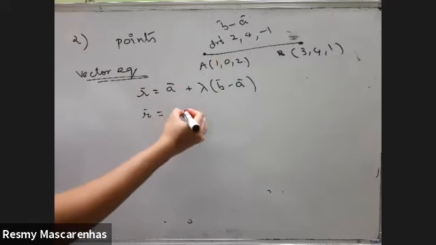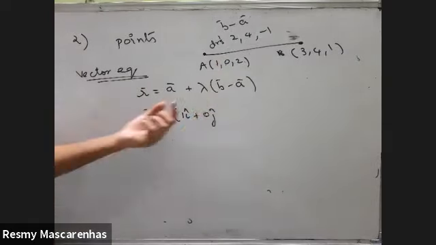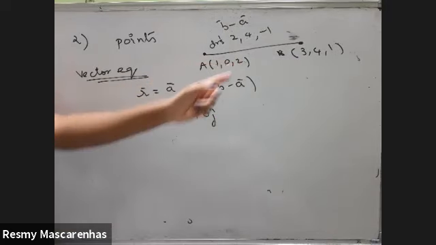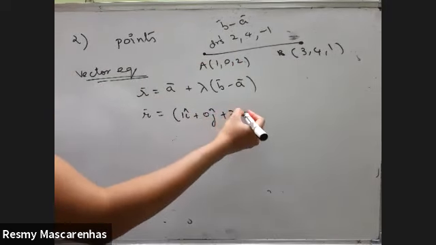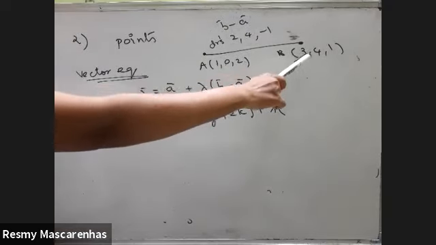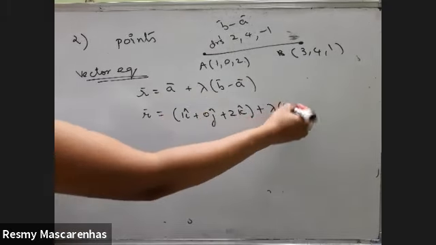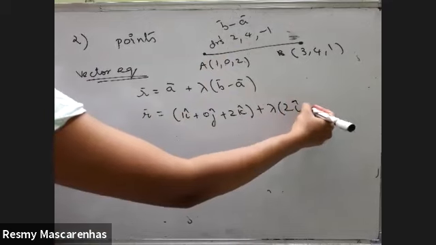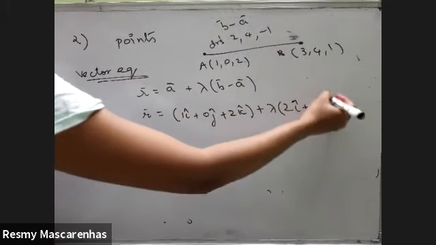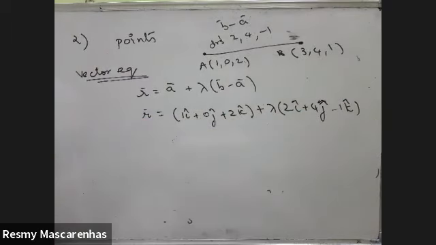It will be 1 i cap, j cap will be 0 j cap, or you need not write it also. You can skip this and straight away write 2 j cap. Those who want can straight away do it like this and write here 3 minus 1, that is 2 i cap, 4 j cap minus. So this is the vector equation of a line when 2 points are given.